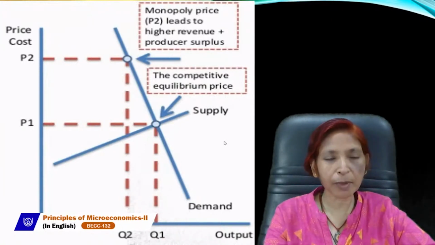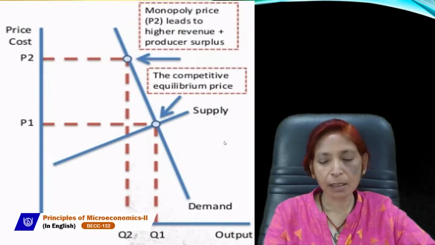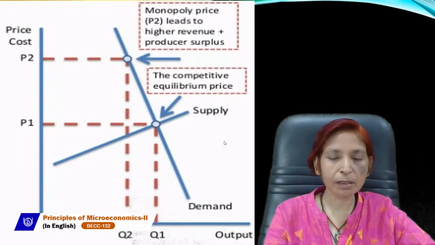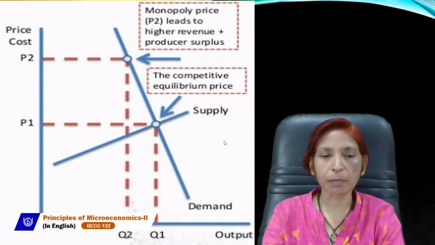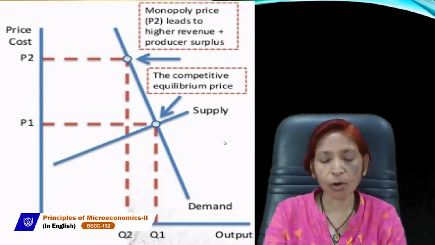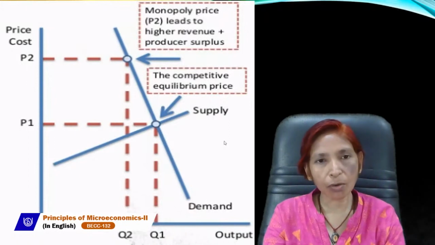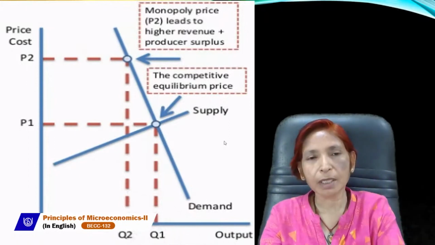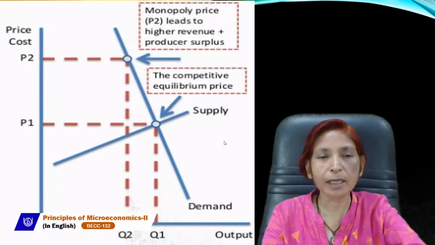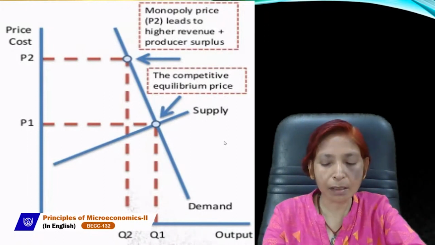At this equilibrium price or quantity, consumer and producer both will earn surplus. But monopoly will be called a failure market because only producer surplus exists but consumer surplus will not exist in this case.